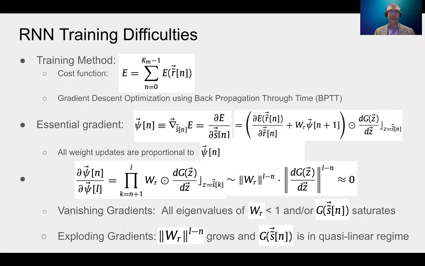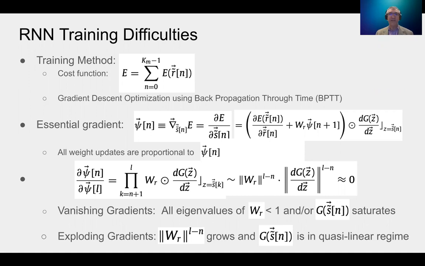A recurrent neural network is trained by minimizing a cost function using the gradient descent optimization method and the backpropagation through time algorithm. Under a repeated application of the chain rule, the corrective gradient is propagated in the negative direction of the index n.